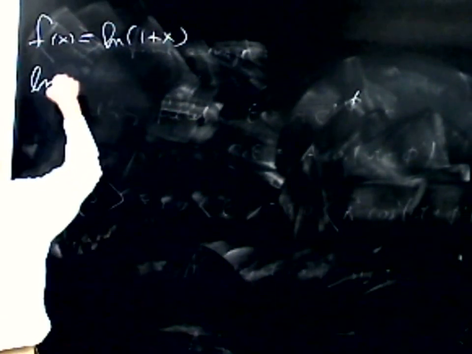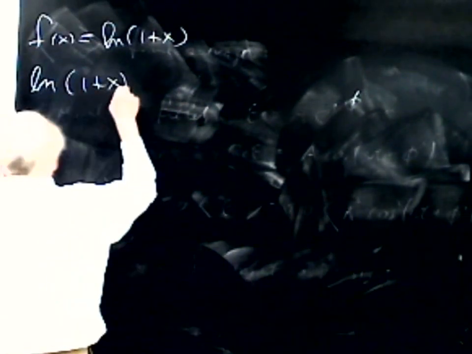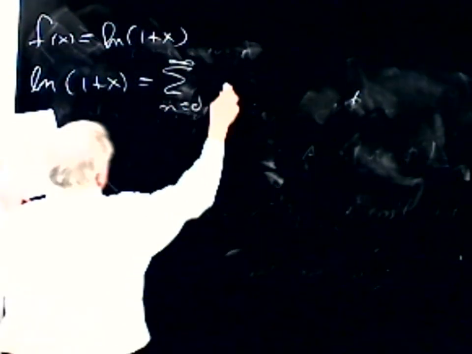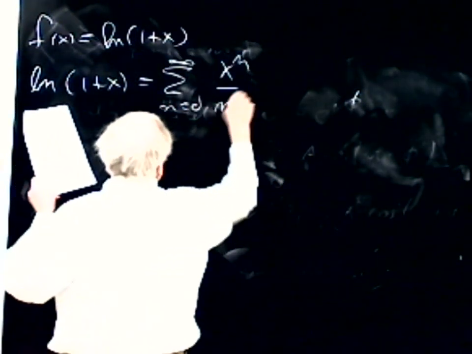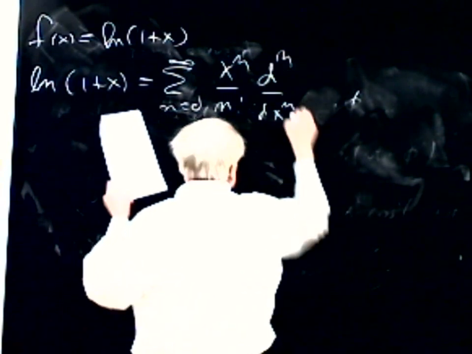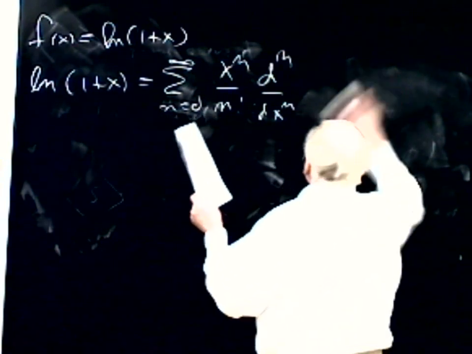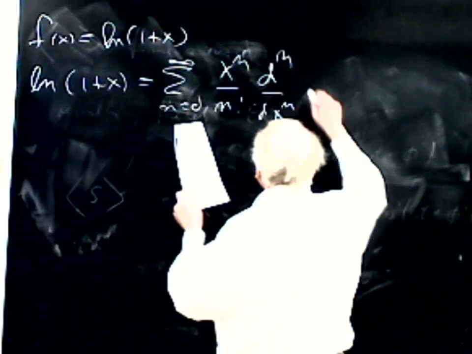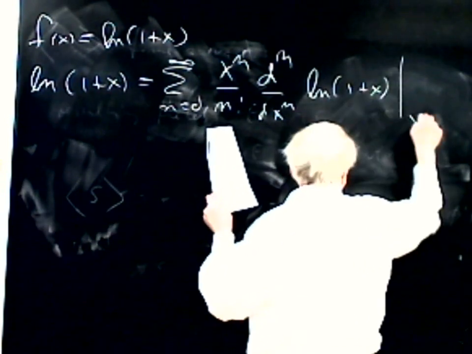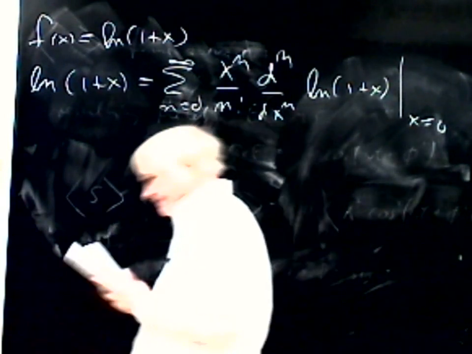Then the Taylor series for it is log of 1 plus x equals the sum from n equals 0 to infinity of x to the n over n factorial times the nth derivative d^n/dx^n of log of 1 plus x, natural log, evaluated at x equals 0.